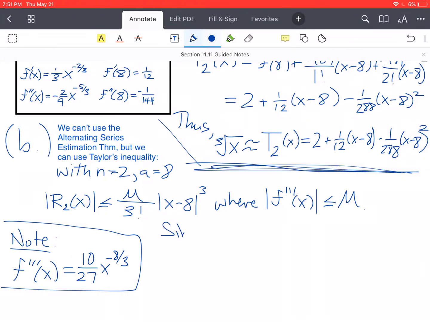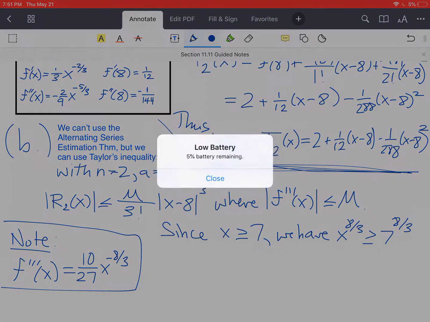So, since x is greater than or equal to 7, we know that from the problem, it was told it's between 7 and 9. So since x is greater than or equal to 7, we have that x to the 8/3 must be greater than or equal to 7 to the 8/3. That has to be the case.